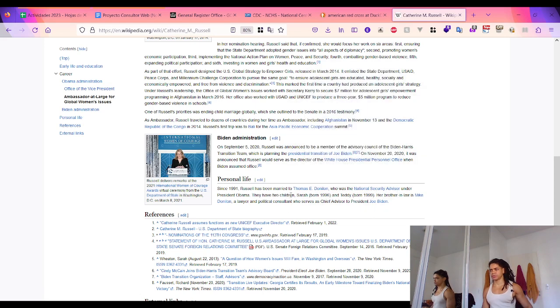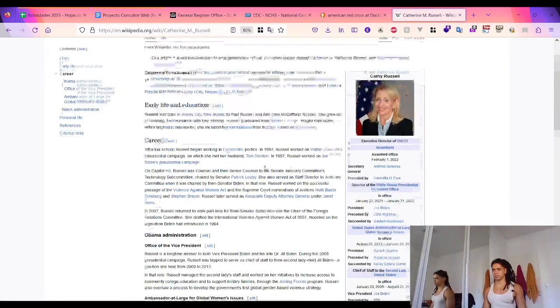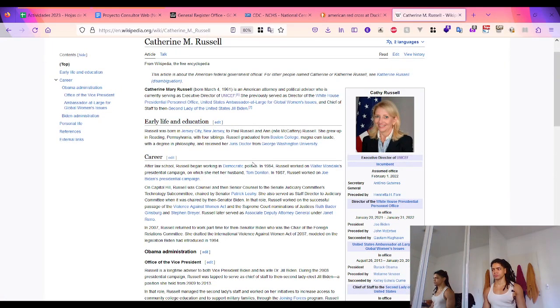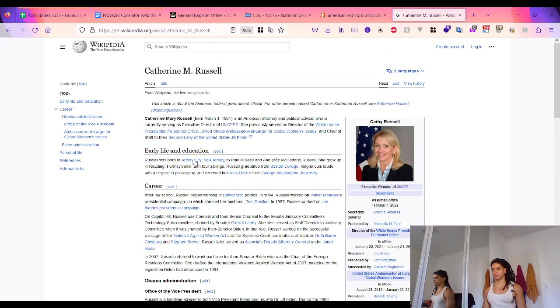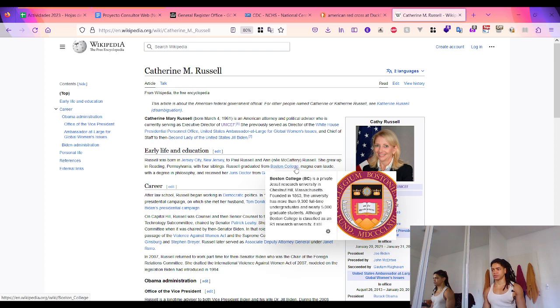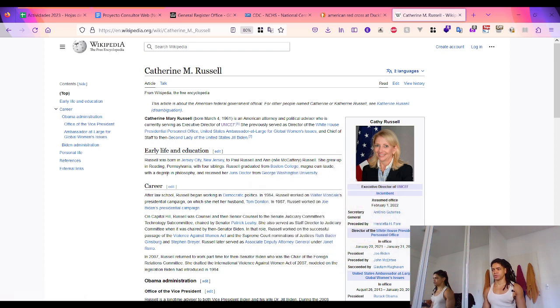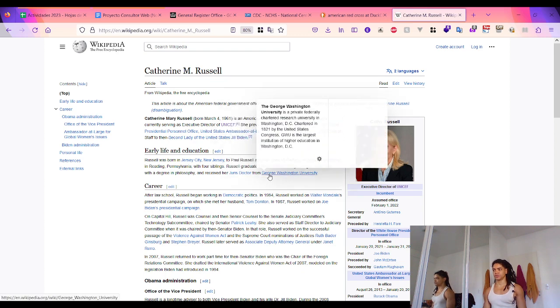They have two children. Russell was born in Jersey City, New Jersey. She grew up in Reading, Pennsylvania, with four siblings. Russell graduated from Boston College, magna cum laude, with a degree in philosophy, and received her Juris Doctor from George Washington University.